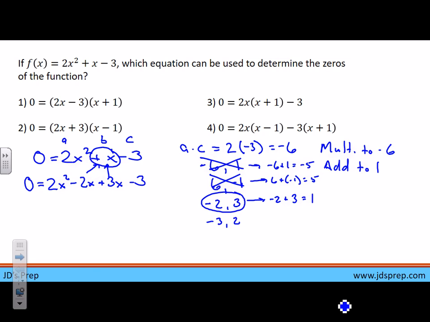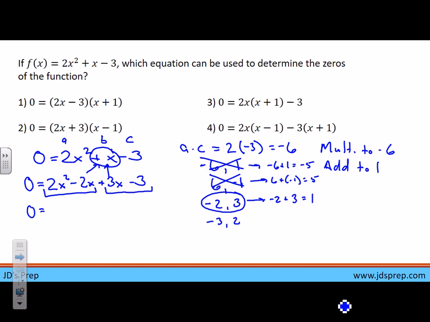Now that we have separated our middle term, we have a polynomial with 4 terms. And anytime you have a polynomial with 4 terms, you want to factor that by grouping. So we'll group together the first two terms and take out the greatest common factor of those two. And we'll group together the second pair of terms and take out their greatest common factor as well, with the hope that we will have the same factor left over in each half. For the first half, I can pull out a 2x from both of those terms.